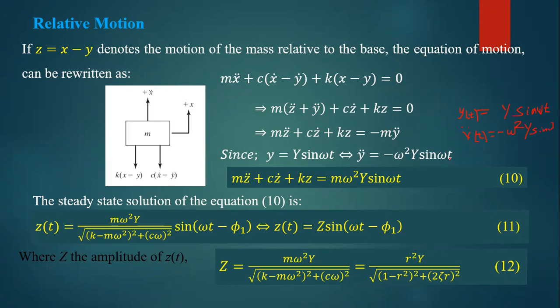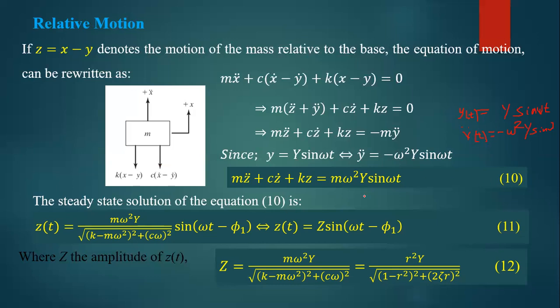Substituting this here, we get m z dot dot plus c z dot plus k z, which is equal to m omega square Y sine omega t. This is the equation of motion.